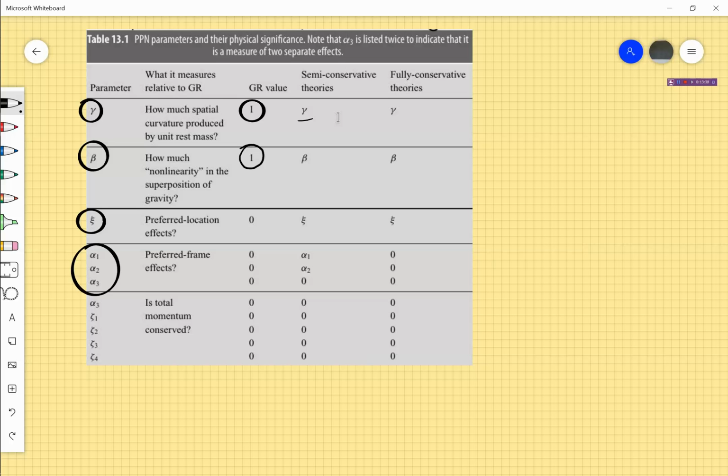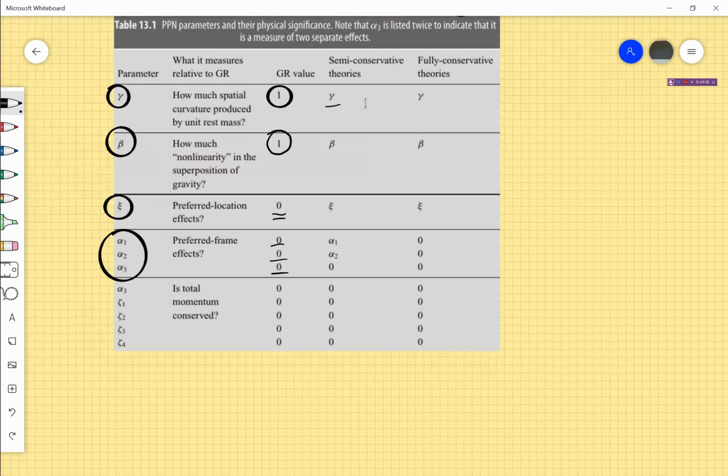In general relativity, because it satisfies the Einstein equivalence principle, there are no preferred location effects. It doesn't matter where you perform experiments. Here the conventional value is 0, and there is no preferred frame either. There are no preferred directions in space-time, no preferred velocities, anything like that. So all these parameters that control this take the value 0. In other theories you have other possibilities.